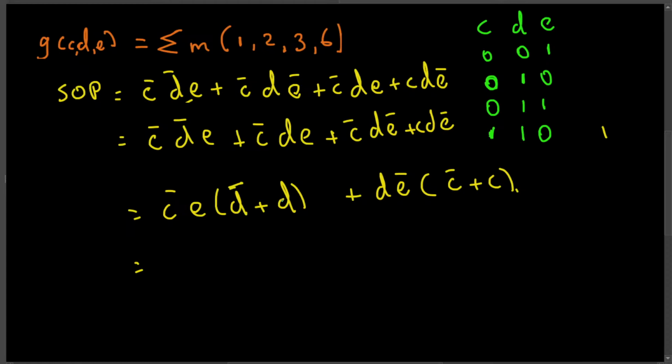When we have a variable and its complement, we definitely have a 1. And in an OR gate, if you have a 1, that's going to make the whole thing 1. So this is going to be C complement E multiplied by 1, so that's going to be the same thing. So C complement E, and then here we are going to have D complement, actually D E complement.